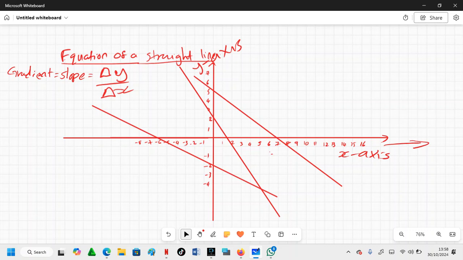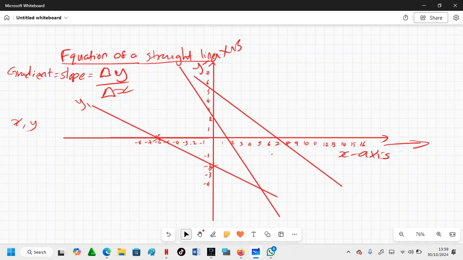For example, if they tell you to find the gradient of, say, this line, let's call this the first line. What you need to do is to just take any 2 points from the curve. For example, you could take that point and that point, and anytime you write a point in the curve, you write it in the form of x, y.